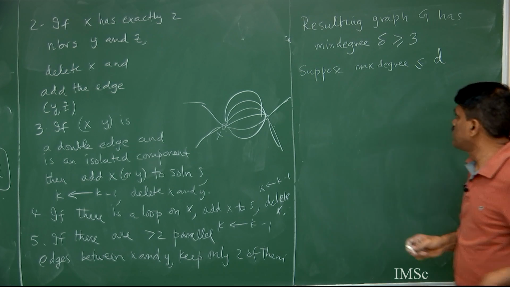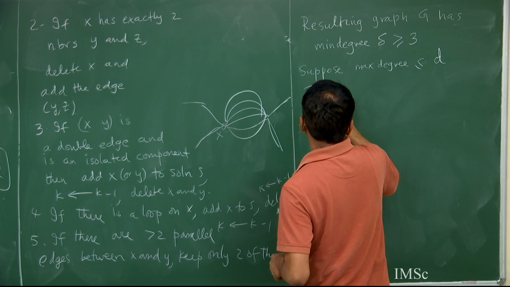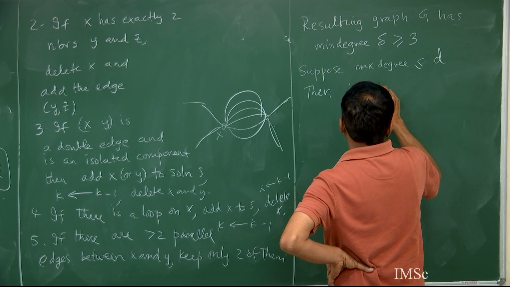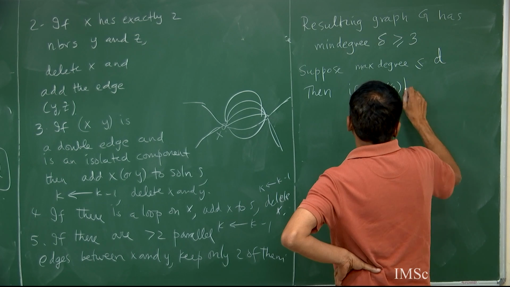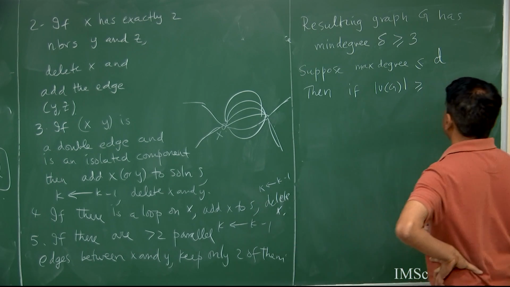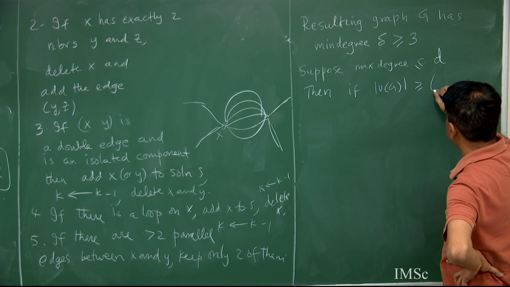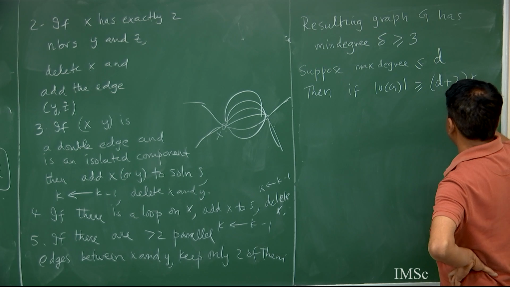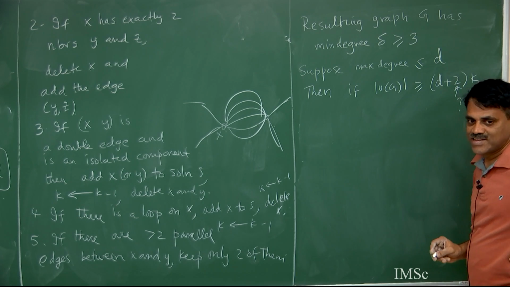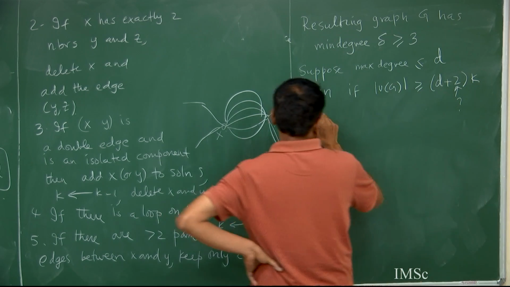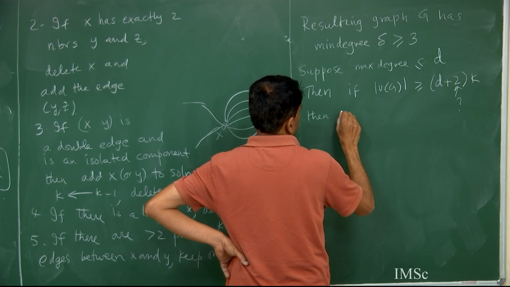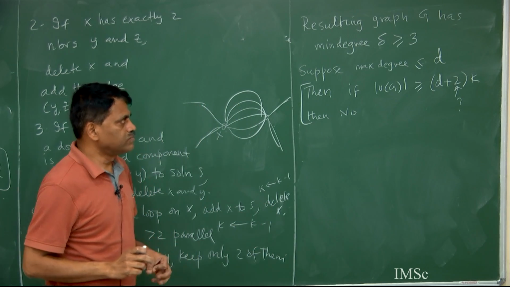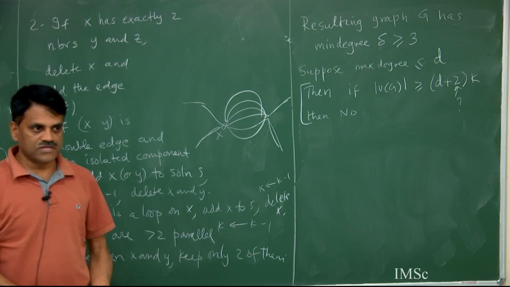Right. So then, if the size of the vertex set is greater than or equal to some, well, it's a question mark, we will derive this, then we can say no. So we will prove this, that such instances are bounded.